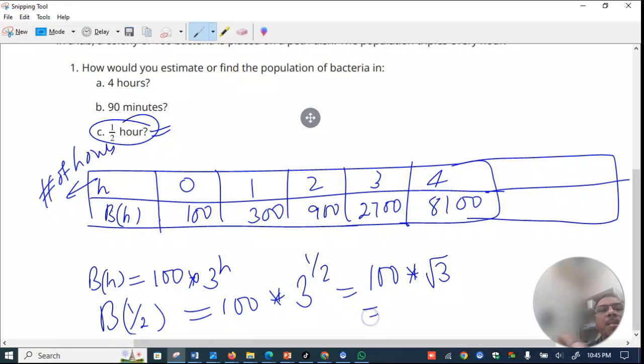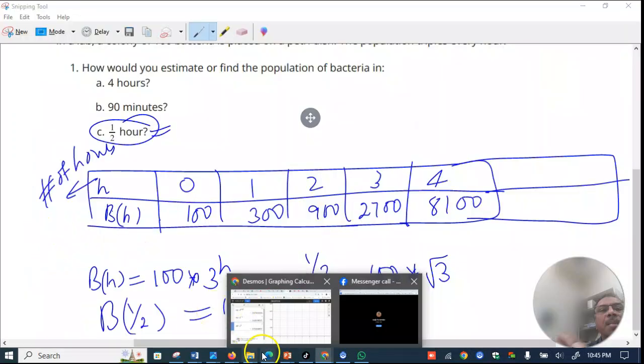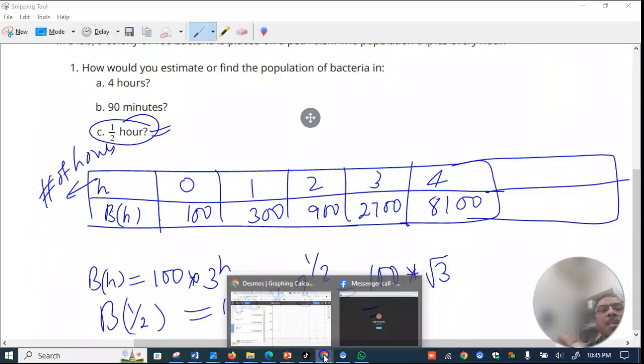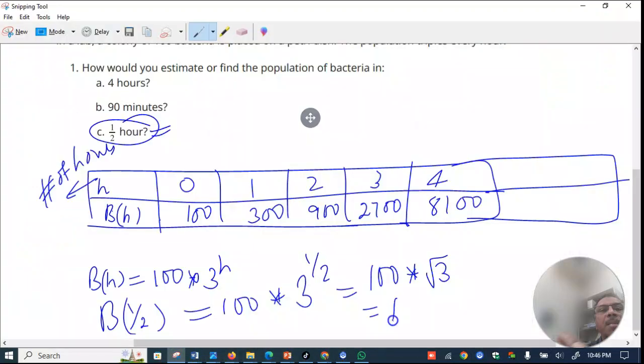If you use the Desmos calculator, you can see 100 times 3 raised to half is 173. So that's 173, and this completes the first question.